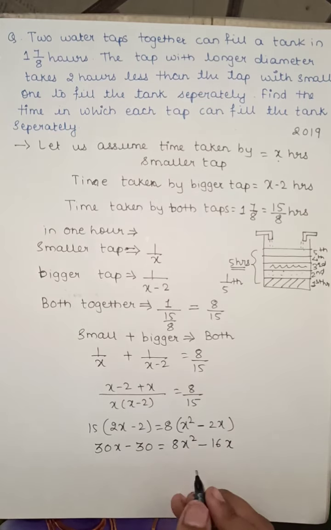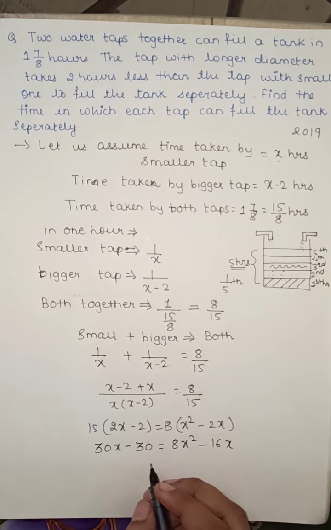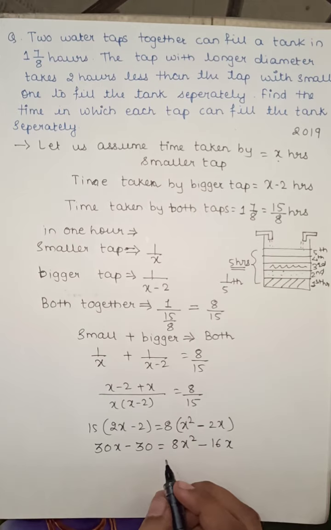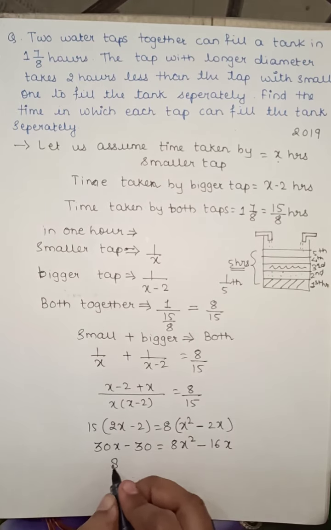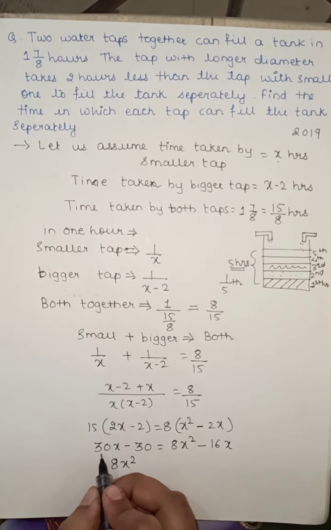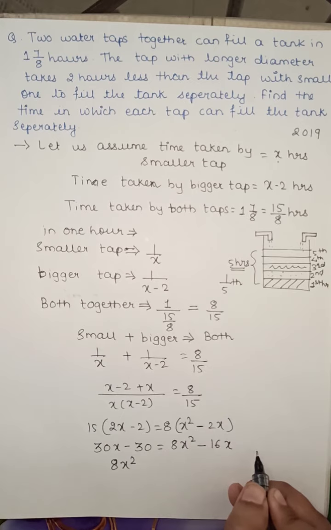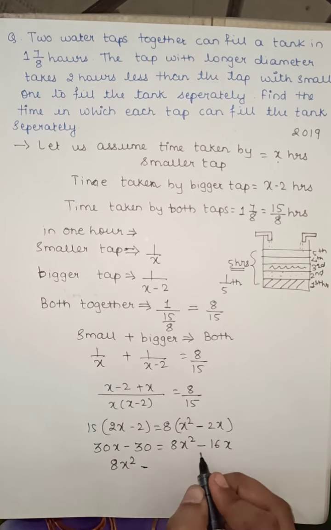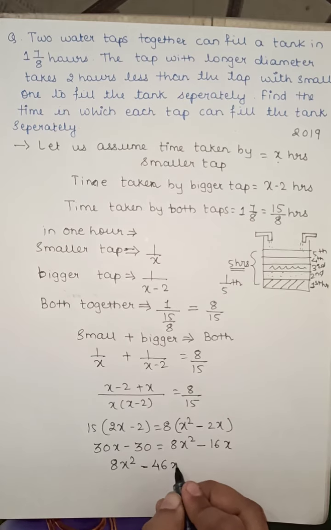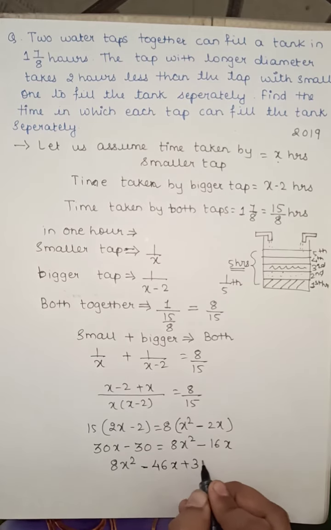If you simplify this, you will be getting 8x square. Now this minus 30 after going to the other side will become plus, and this plus 1 after going to the other side will become minus. So minus 30 minus 16 is minus 46x. This plus 30 equal to 0.